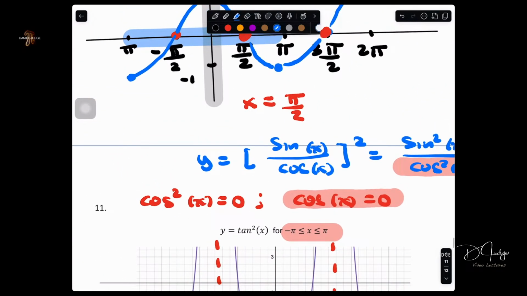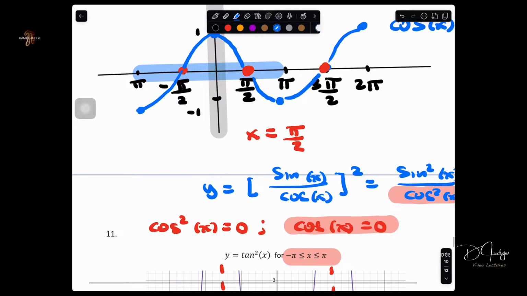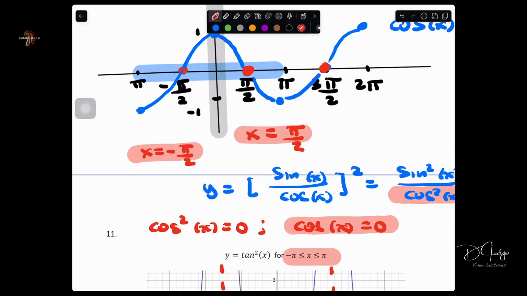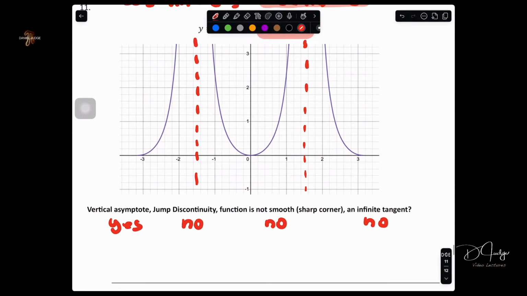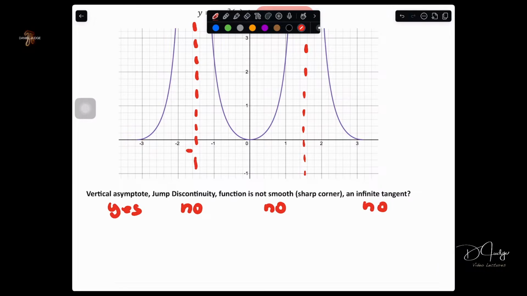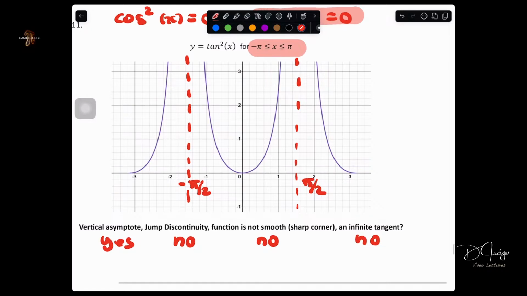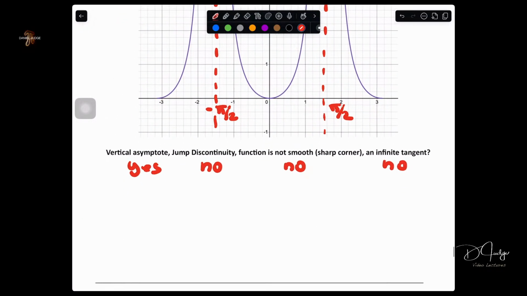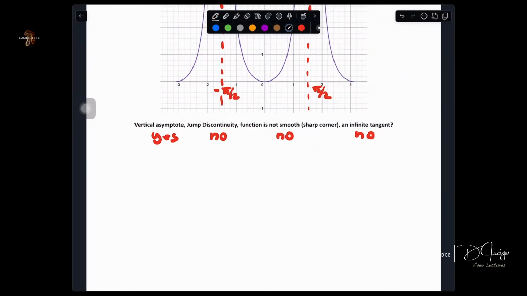So if you ask where the vertical asymptotes are while you're looking at them, it happens at x is negative pi over 2 and positive pi over 2. Okay, this is where you have those vertical asymptotes. So this here is negative pi over 2 and positive pi over 2. So you might ask, how do we answer the question, where is it not differentiable?